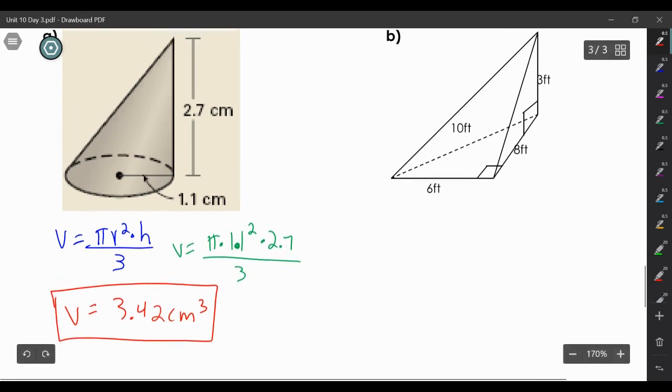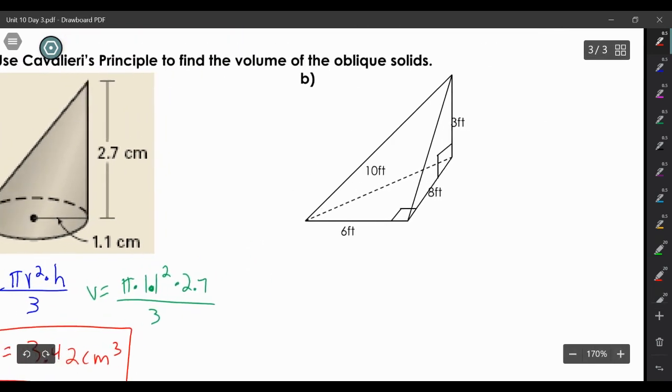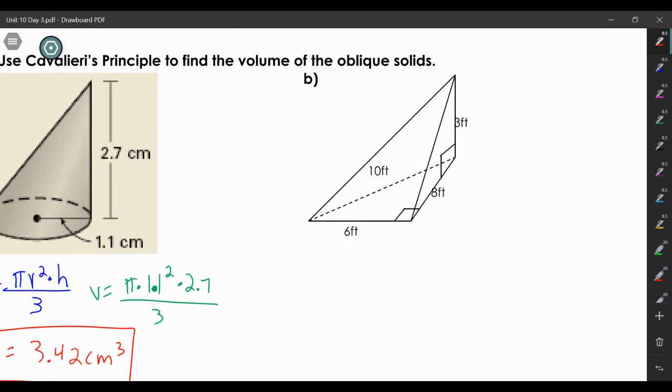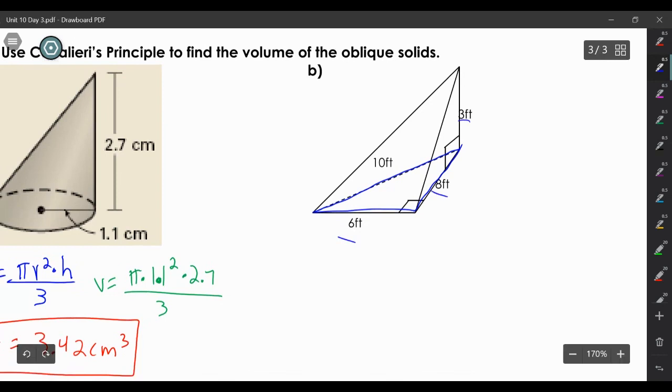Now for letter B, this is a pyramid where the base is this triangle. So you can't just do 6 times 8 times 3 and get your answer. Because the base is a triangle, we need to find the area of this base first.